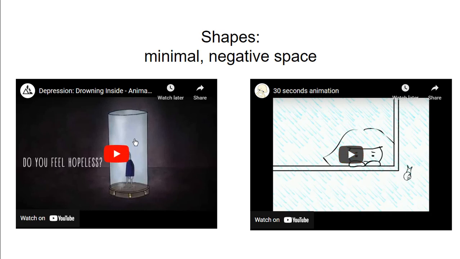So the same here, that emptiness weighs on the character. There's a small figure and lots of negative space. So when you think about your compositions for your stories, you want to consider how the character feels and how you want to communicate it to the audience. And using negative space is one way of doing that.